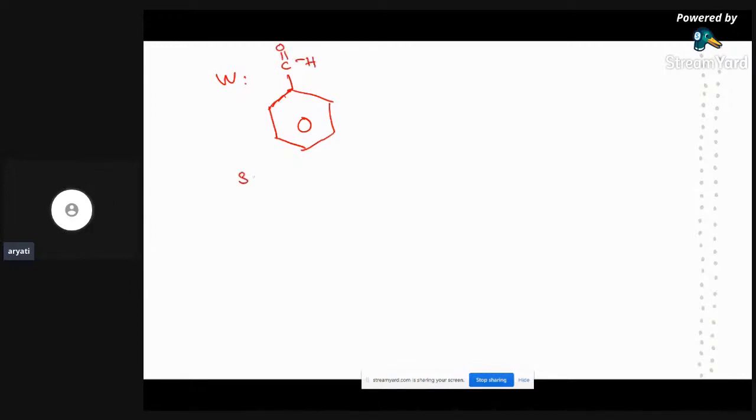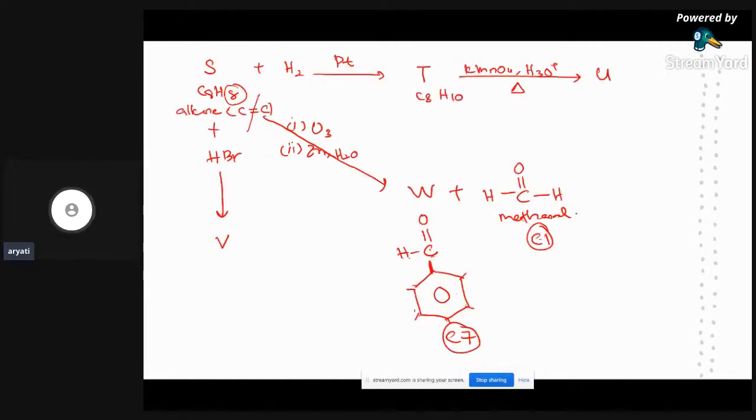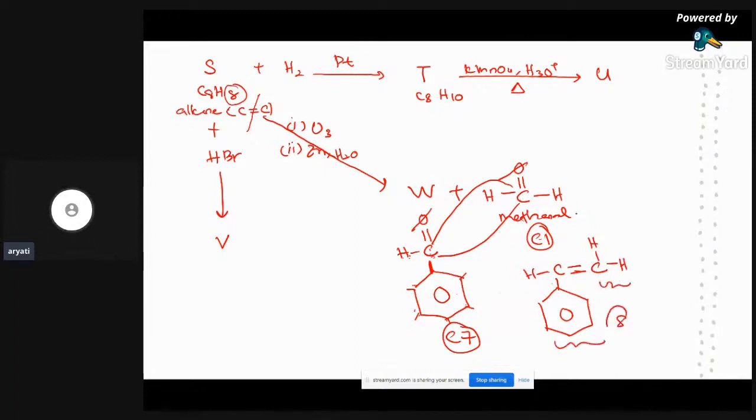So kita boleh tahu lukis structure untuk S. Macam mana saya lukis structure untuk S? Saya combinekan W dengan methanol. So carbon ni kita combine, kemudian kita potong O. So bila saya combine dia akan jadi C. O dah tak ada, so terikat jadi double bond C. C terikat dengan H, C terikat dengan CH2. So sebelah sini, ini daripada methanol, ini daripada W. So this is the structure for S.